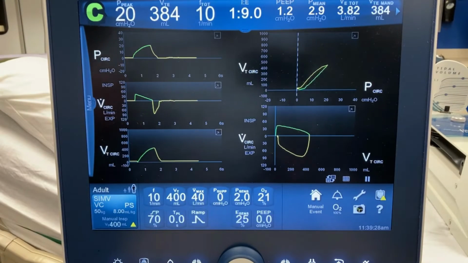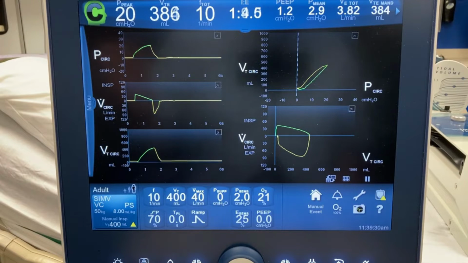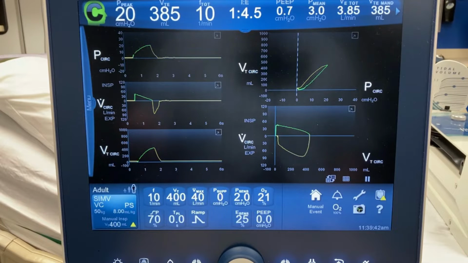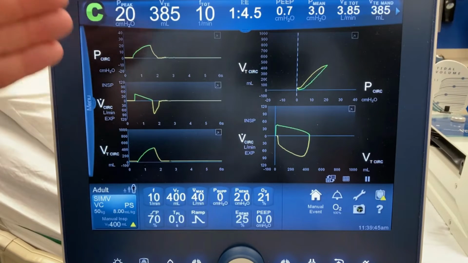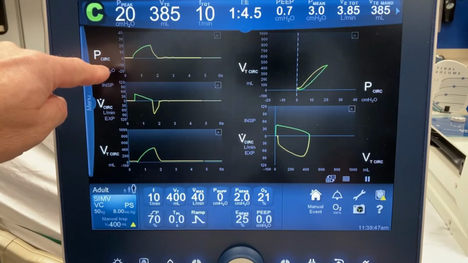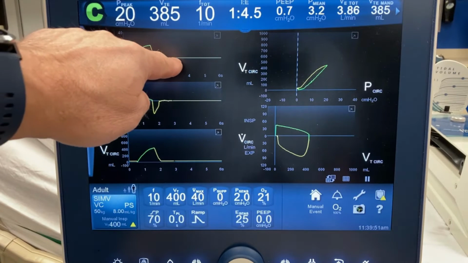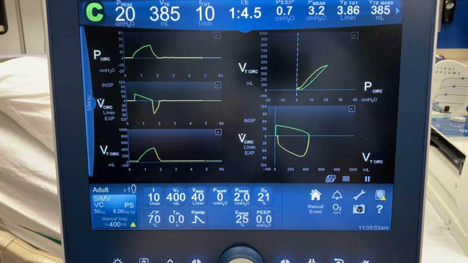Okay. We can also look at PEEP, and you can see our baseline here is 0, our pressure baseline. PEEP is positive end expiratory pressure, so we have to look at this. And so we return to a baseline pressure of 0 in the lung here.